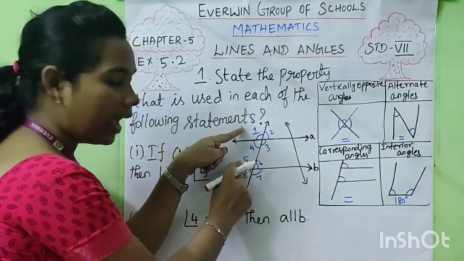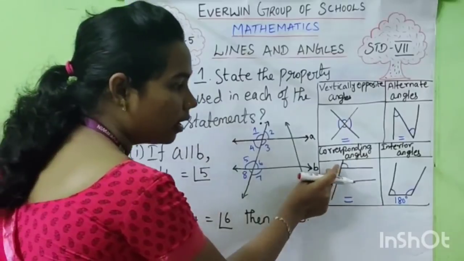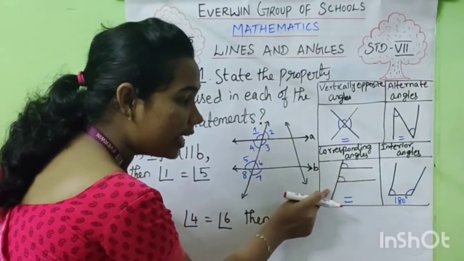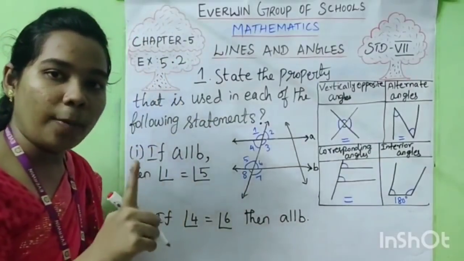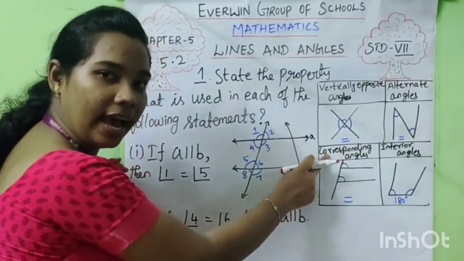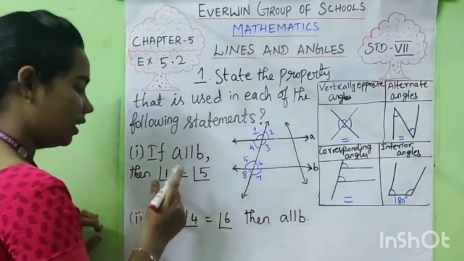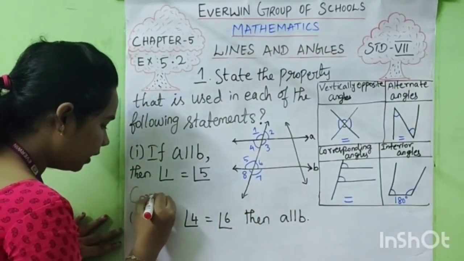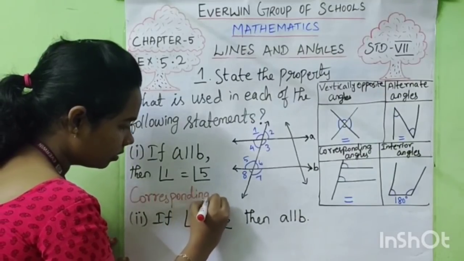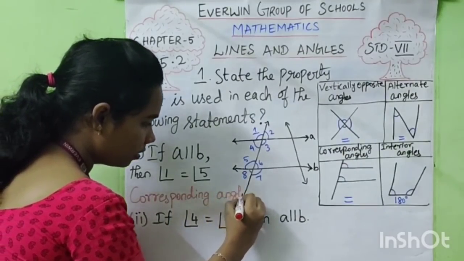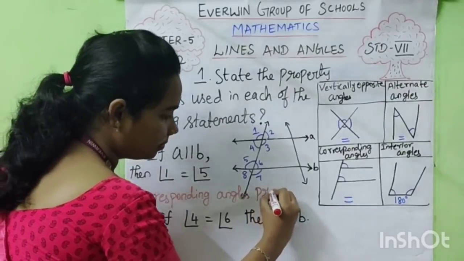So if it is looking like F and the angles are the same, the property is the corresponding angles property. So here they have used the corresponding angles property.